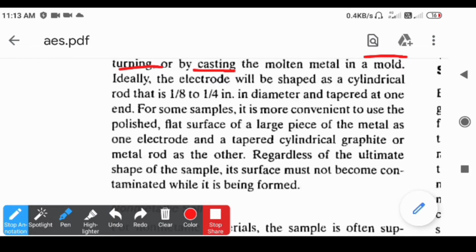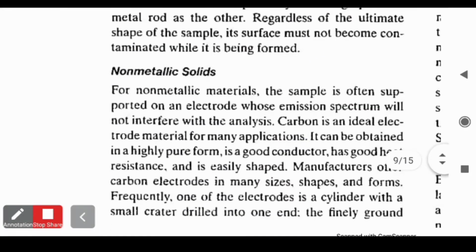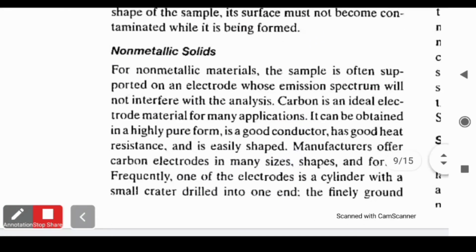In another method, we simply use a polished flat surface electrode or large pieces of the metal electrode. Another electrode is the cylindrical graphite electrode. So two types of electrodes are there: one is the metallic element electrode, and another is the graphite electrode for metallic estimation.